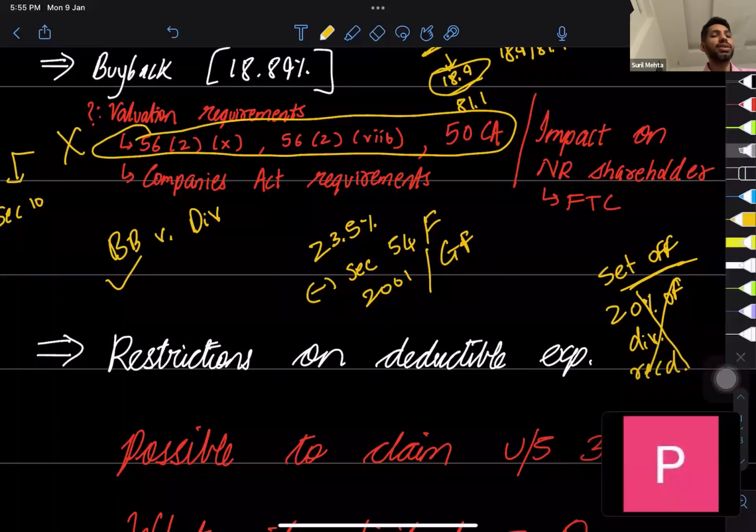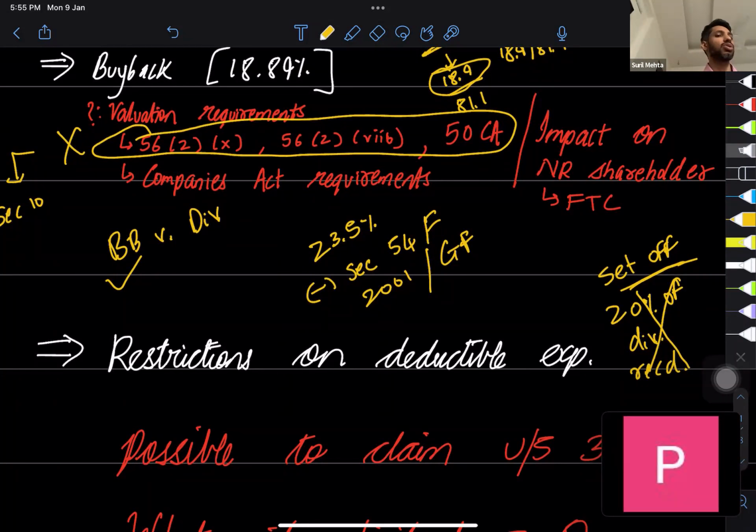Or let's say you have just made investment in Twitter. Let's assume that Twitter is an Indian company and you made investment in Twitter. Twitter doesn't declare any dividend for the next 5 years. And you are paying interest on this loan. You have taken 1,000 crores, you are paying interest of 100 crores every year. Over 5 years, that's 500 crores, you have accumulated losses, right?